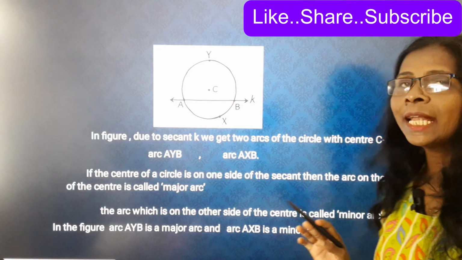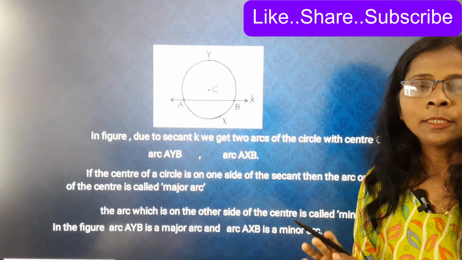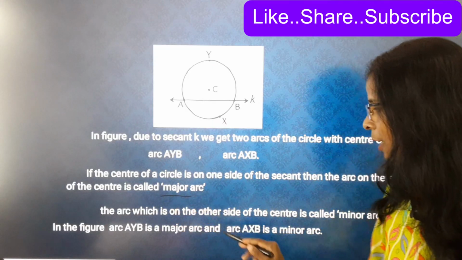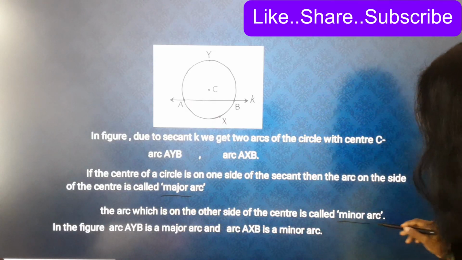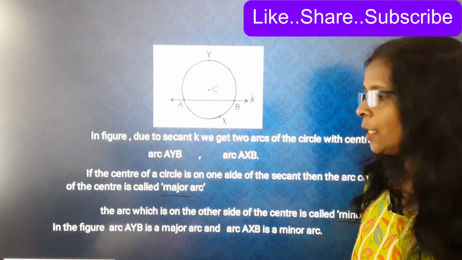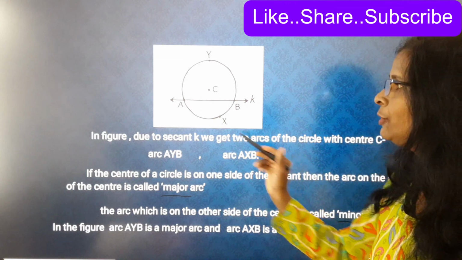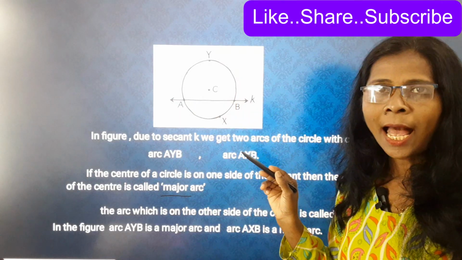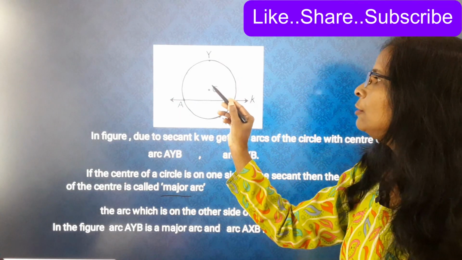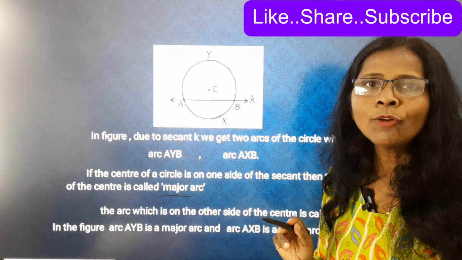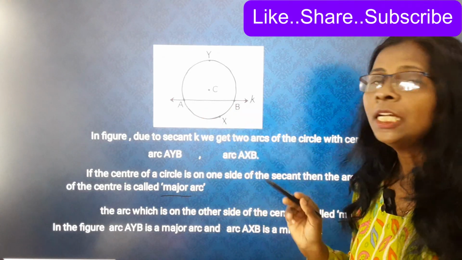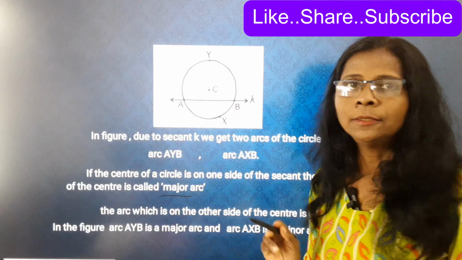So we can say there are two types of arc, the major arc and the minor arc, students. From the figure, arc AYB is the major arc because it contains the center of the circle, while arc AXB is the minor arc.